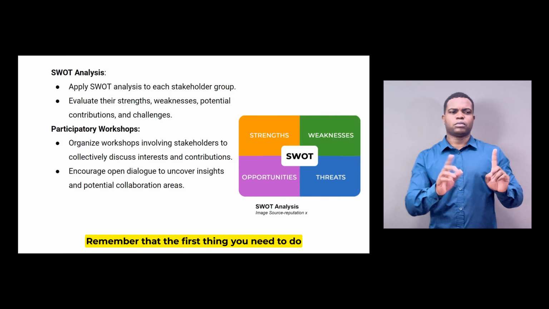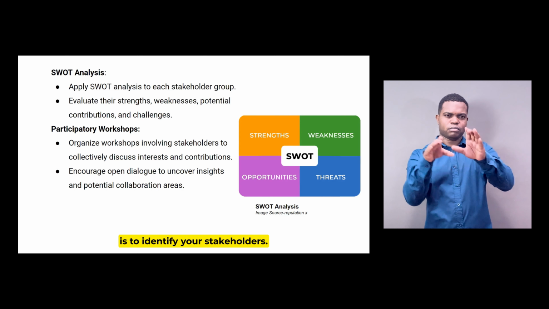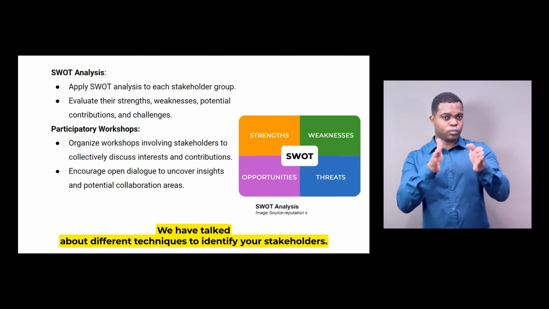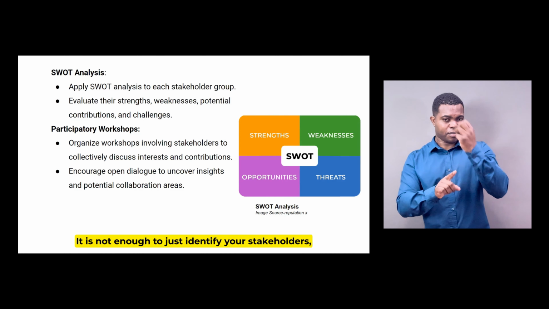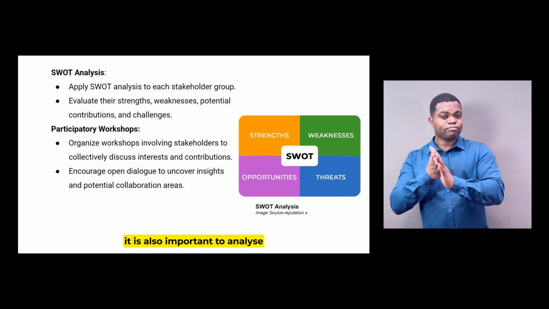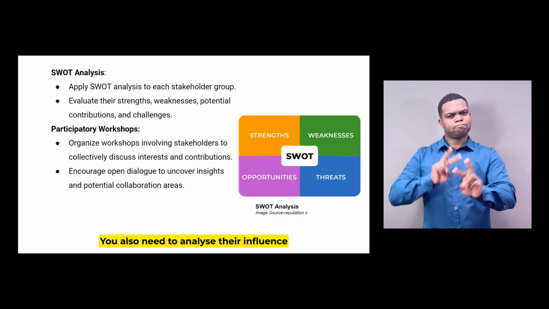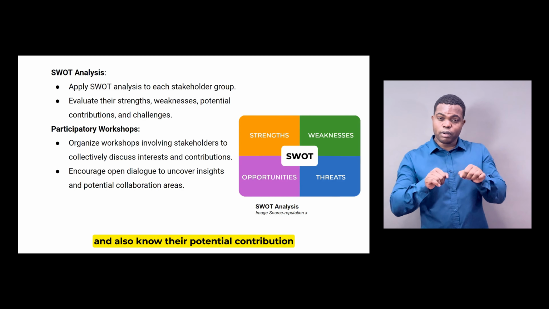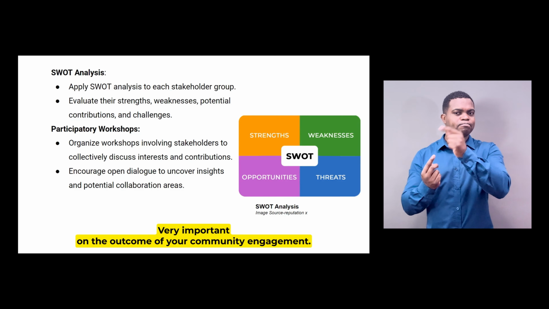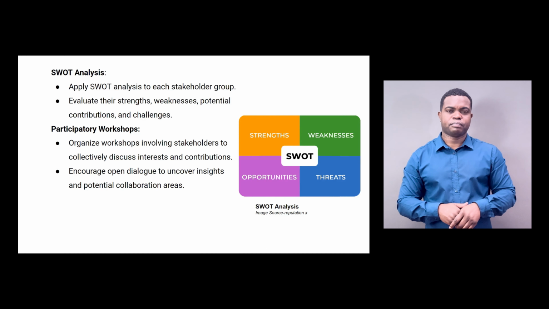Remember that the first thing you need to do is to identify your stakeholders. We have talked about different techniques to identify your stakeholders. It is not enough to just identify your stakeholders. It is also important to analyze their interests. You also need to analyze their influence and also know their potential contribution, because this is very important to the outcome of your community engagement.